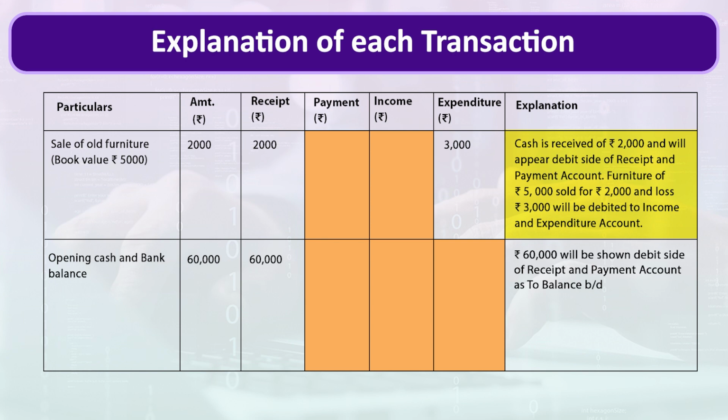Furniture of rupees 5,000 is sold for rupees 2,000 and a loss of 3,000 will be debited to income and expenditure account. Opening balance of cash and bank amounts to rupees 60,000. Rupees 60,000 will be shown at the debit side of receipt and payment account as balance brought down.